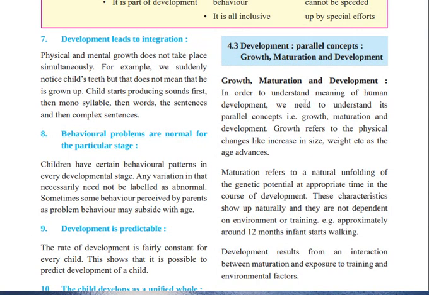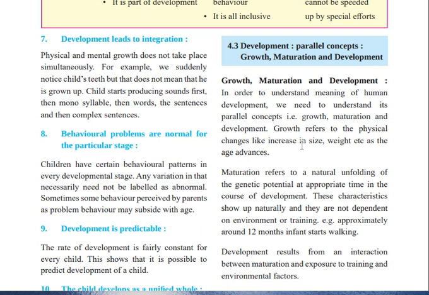In order to understand the meaning of human development, we need to understand its parallel concepts, growth, maturation, and development. These are parallel concepts, which means that they are developing at the same time.